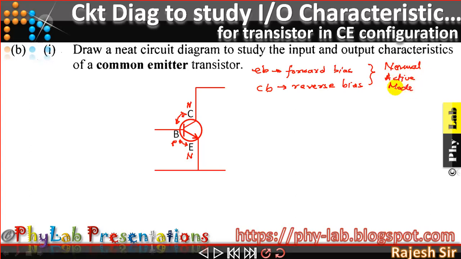Friends, this is the most used mode for biasing a transistor, and this biasing is used for using the transistor as an amplifier, and also to study the characteristic curve of the transistor. Now we will bias this transistor and then move on to the next part of the circuit.